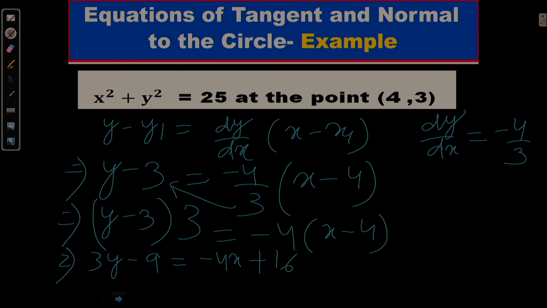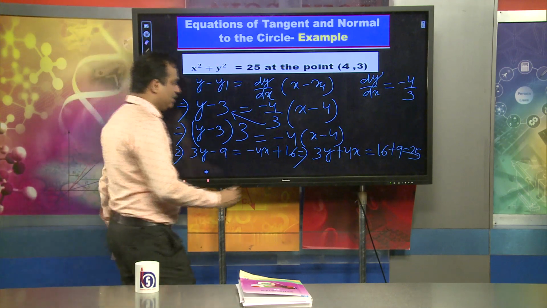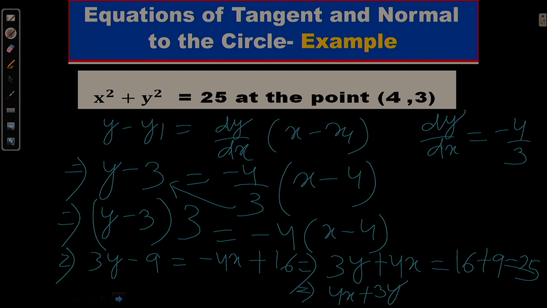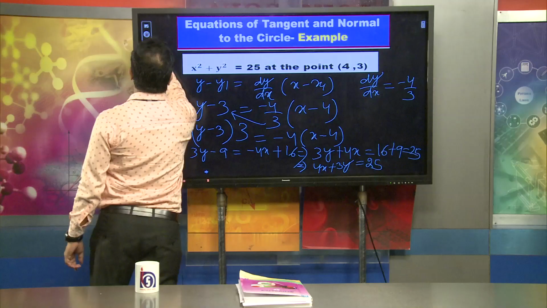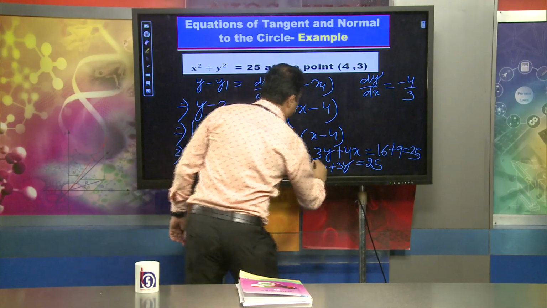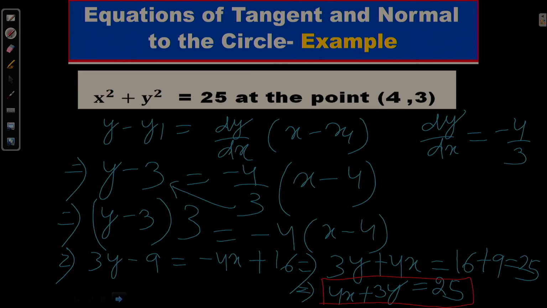That implies 3y plus 4x equals 16 plus 9, which equals 25. So the equation of the tangent is 4x plus 3y equals 25.